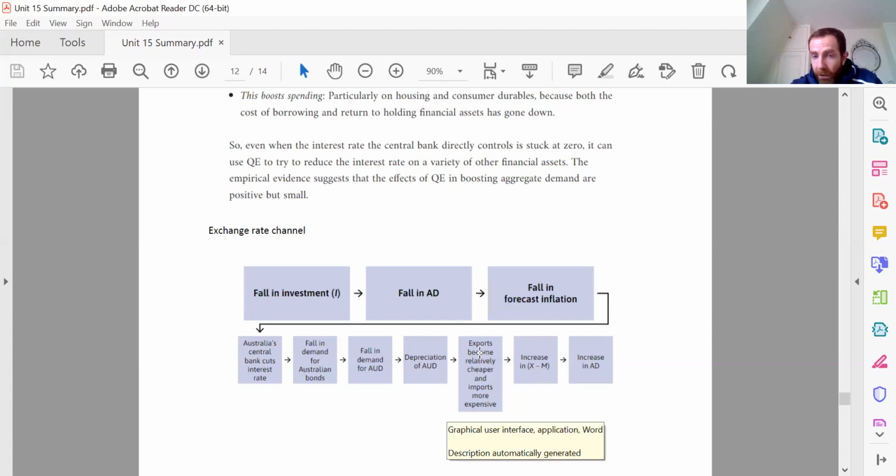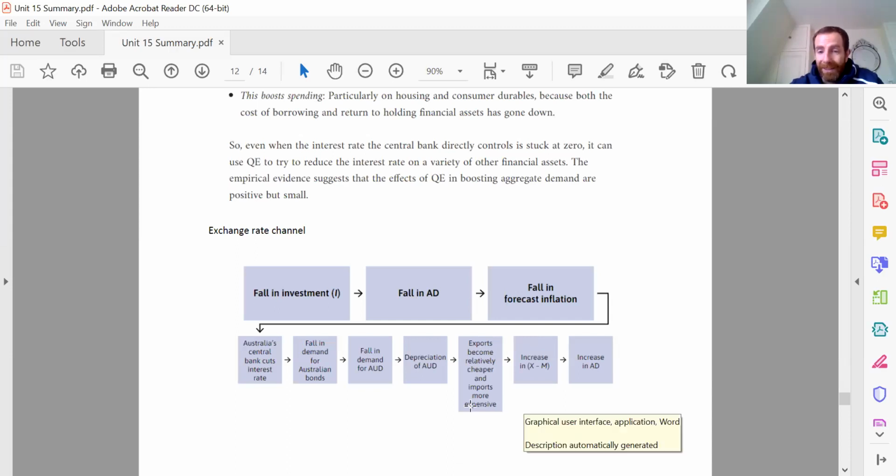So if exports are cheaper and imports are more expensive, we might expect to see an increase in the level of exports, a decrease in the level of imports, and then overall an increase in net exports, which is another component of our aggregate demand equation. And if there's an increase in that, there'll be an increase in aggregate demand.